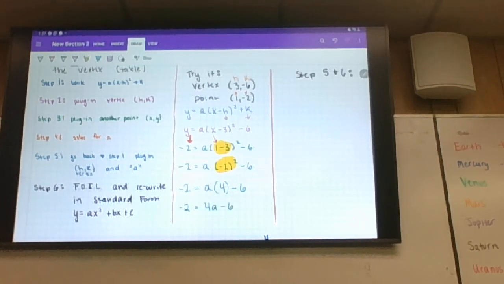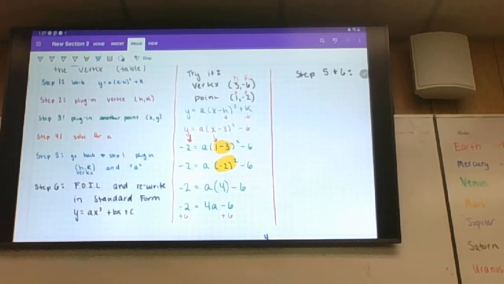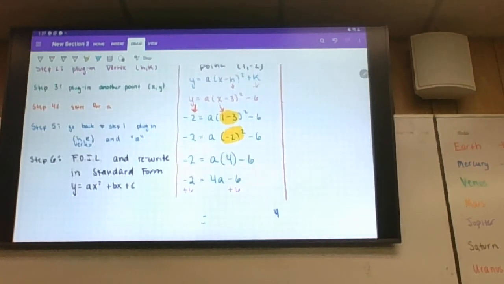Now I'm doing my algebra. It's a minus 6, so I'm going to add 6 to both sides. And it's a 4a, so I'll divide by 4.